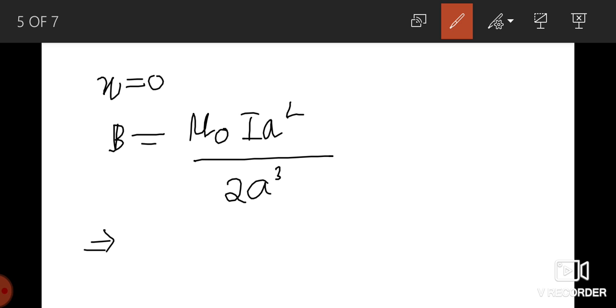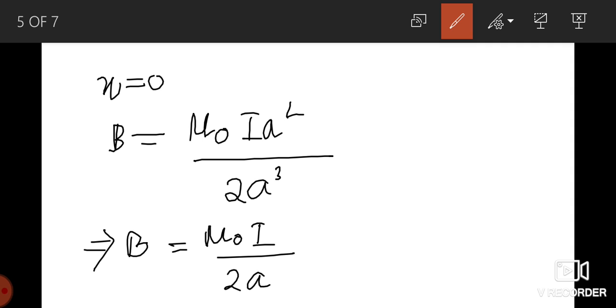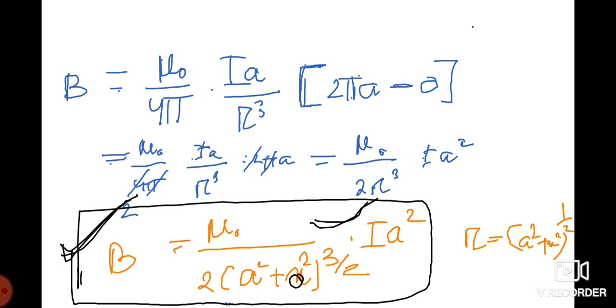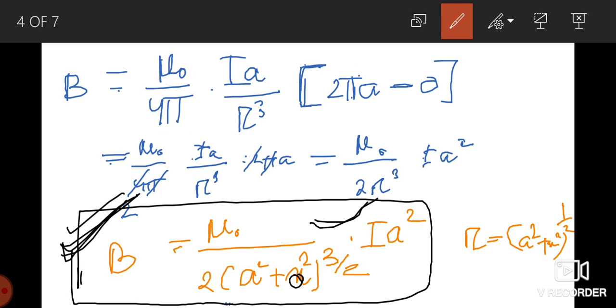Then B equals mu 0 I by 2a. This is the magnetic field intensity at the center of the circular coil, and the earlier result is the formula for the magnetic field intensity at a point on the axis of a circular current carrying coil.